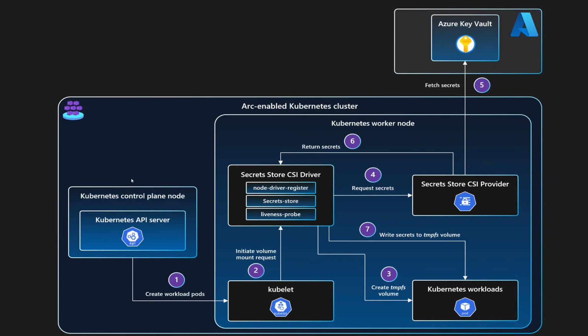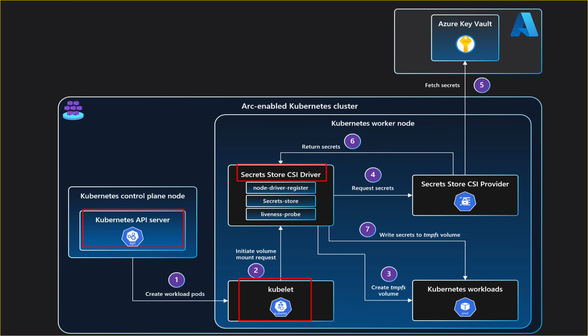And the way this works is our Kubernetes API tells kubelet to create a new pod. It should be here. And then kubelet tells the secret store driver to create a temp volume. At the same time, the secret store driver checks the secret store provider, our Azure Key Vault extension, to get all the secrets.